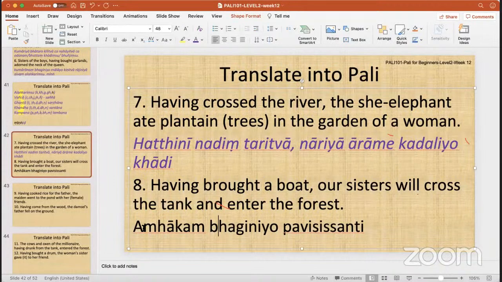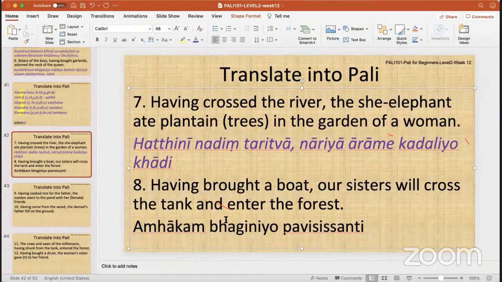The book says, having brought a boat, our sisters will cross the tank and enter the forest. Okay, it's my mistake. Is there a different version in your book? I have the same one that you sent, Bhante, but I think it was a copying mistake. Okay, so having brought a boat.